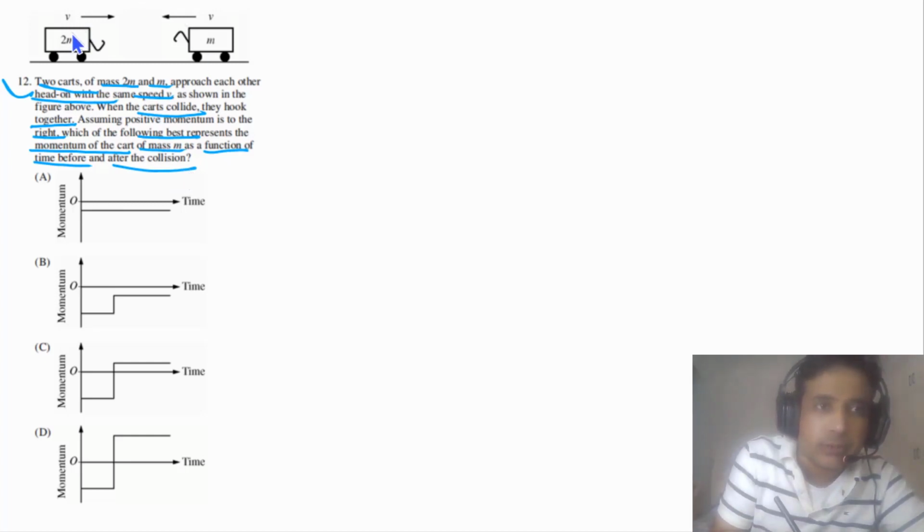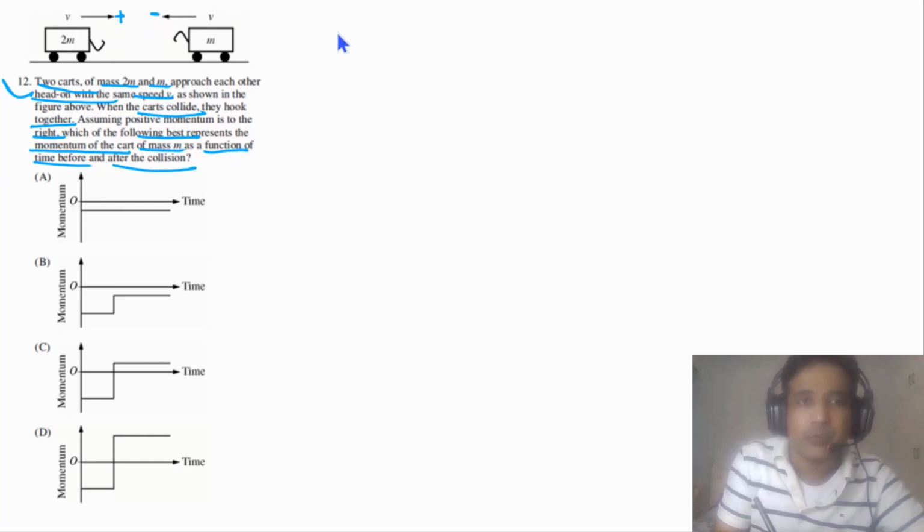In this case you can see the momentum of mass 2m is to the right, so this momentum we have to take positive, and the other one has to be negative. So simply we can use conservation of momentum. Momentum before has to be equal to momentum after collision.